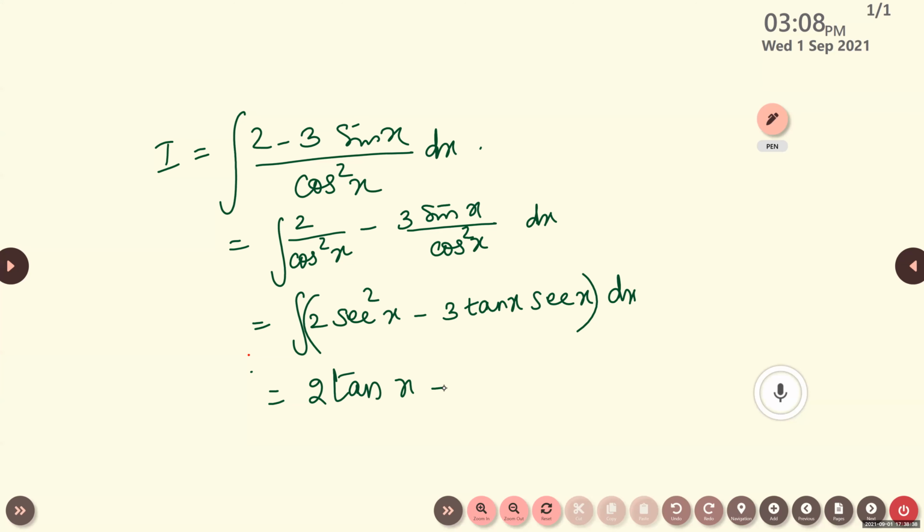Minus 3 into the integral of tan x sec x dx. What is the integral of tan x sec x? It is sec x plus c. So it is 2 tan x minus 3 sec x plus c. This is the answer.